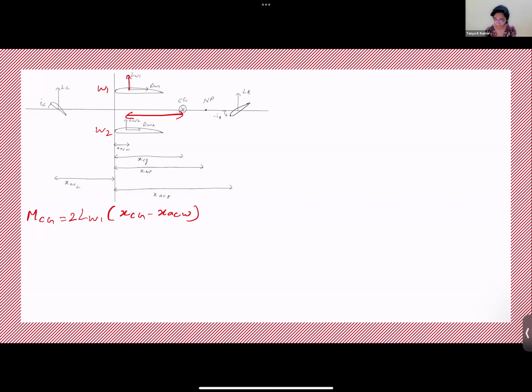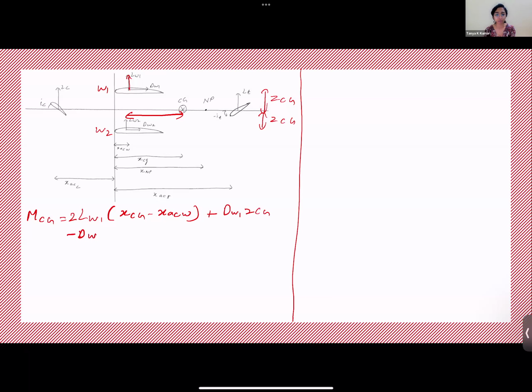Okay. Then what about the drag? Does the drag contribute towards some moment at the CG? If I consider this distance as ZCG and this distance also as ZCG, so I can write dW1 into ZCG and minus dW.